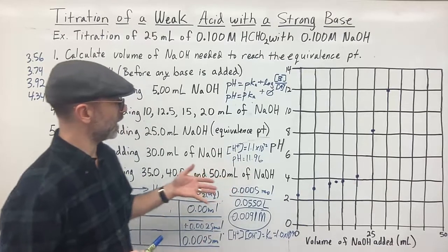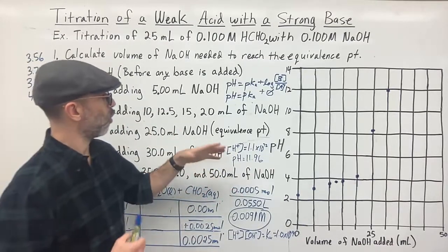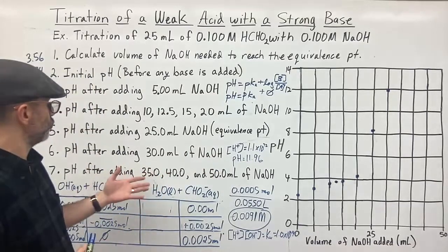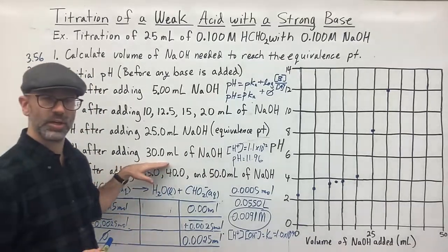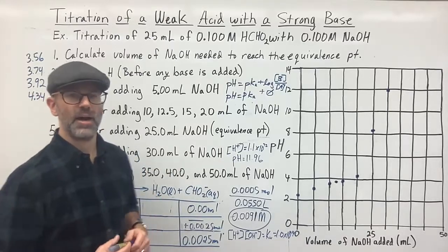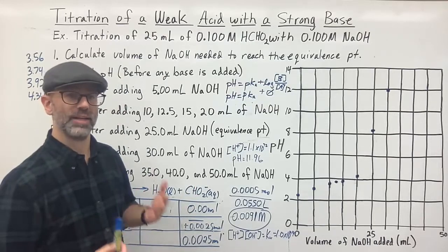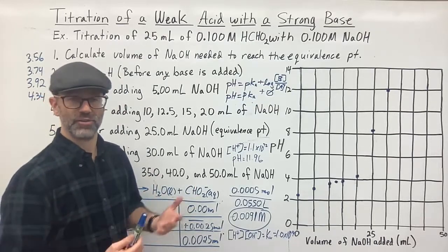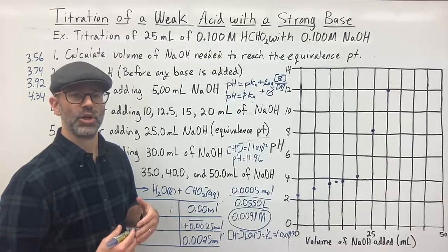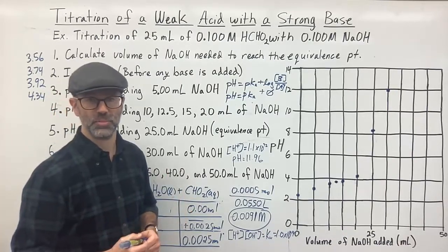We just finished up calculating the pH of the solution after adding 30 milliliters of your NaOH, and we realize that that is a strong base problem. So we have leftover OH minus, hydroxide ion, at that point, and that's going to be the major overwhelming contributing factor to the pH.